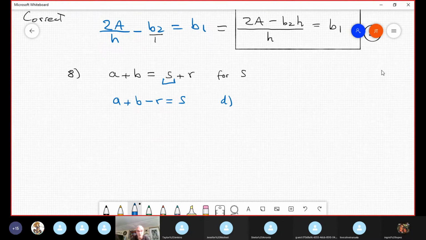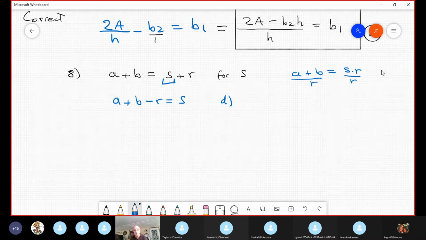You put subtraction on the other side. If you have A plus B equals S times R, then the inverse operation, in this case of multiplication, is division. If it's plus, use minus; if it's multiplication, use division; if it's division, use multiplication; and if it's subtraction, use addition. The opposite operation on the other side.